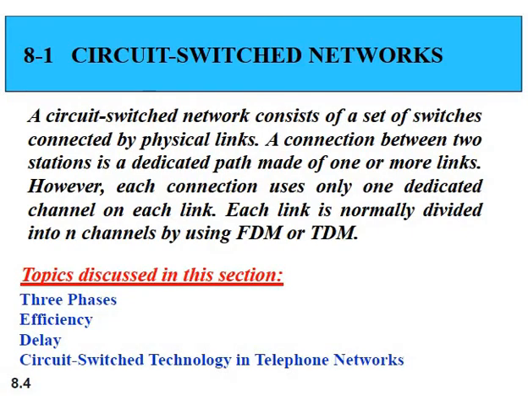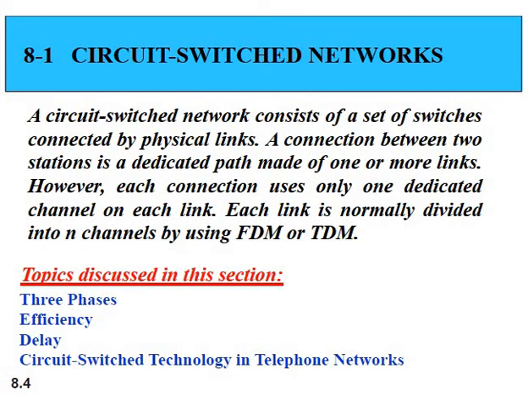Simply we can say a circuit switched network consists of a set of switches connected by physical links. For example, two end systems can be connected through switches. The number of switches may vary depending on the distance between them.